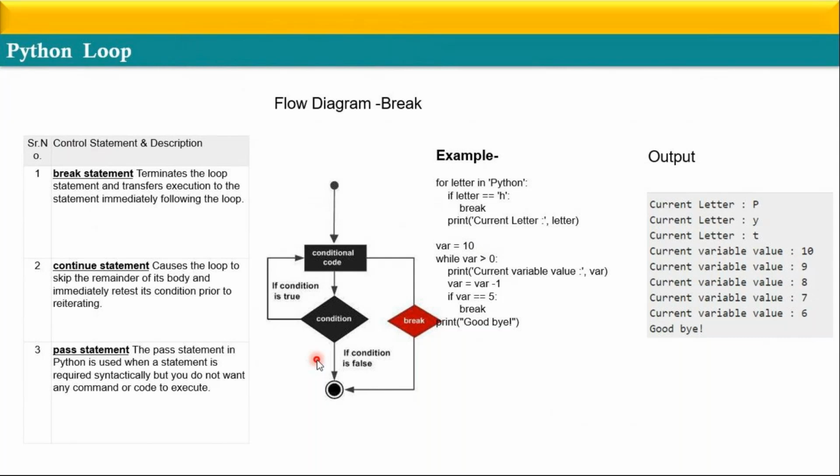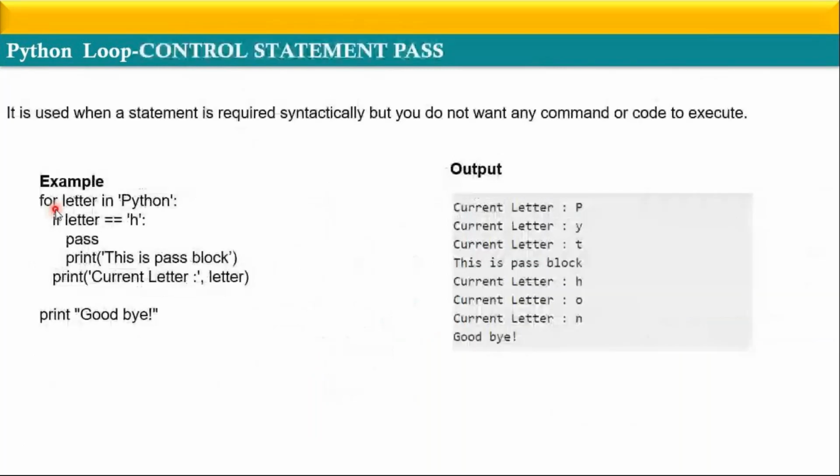So in order not to have errors, we use these control mechanisms like pass inside the functions as well, so that the error will not come once we are executing our code. So this is loop control mechanism.